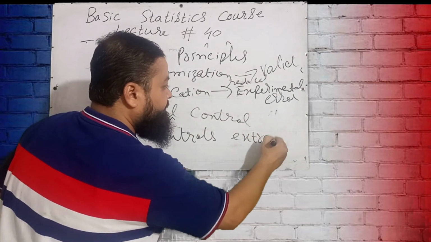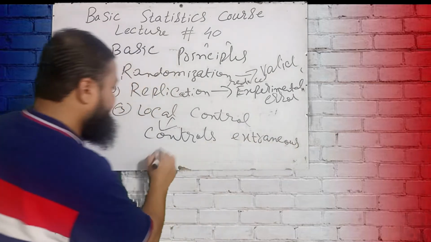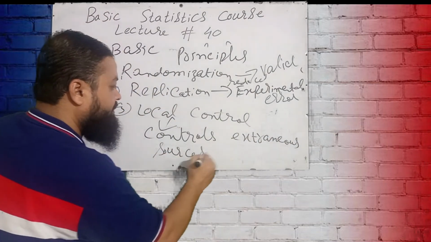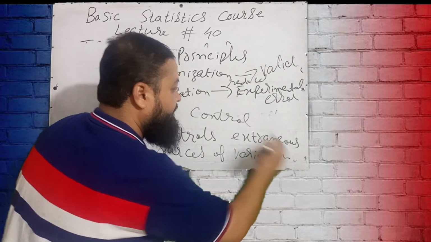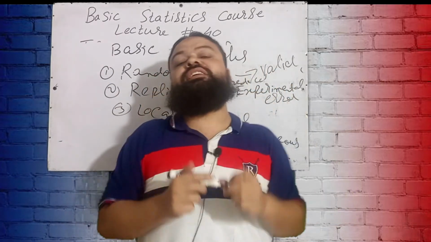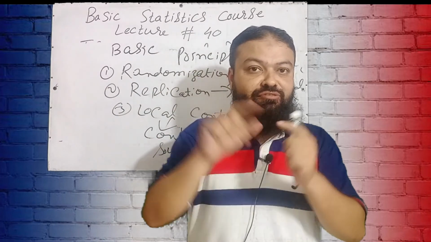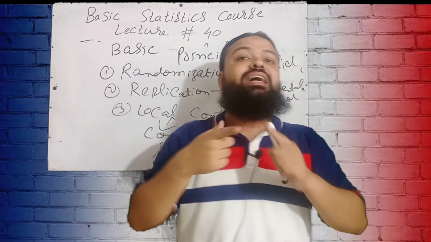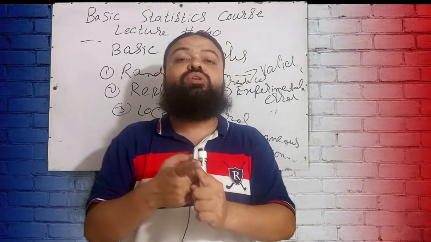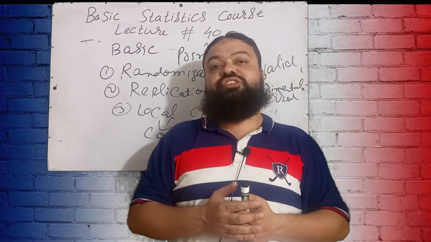These three concepts must be clear in your mind. Randomization gives us valid estimates, replication reduces the experimental error, and local control controls the extraneous sources of variations.